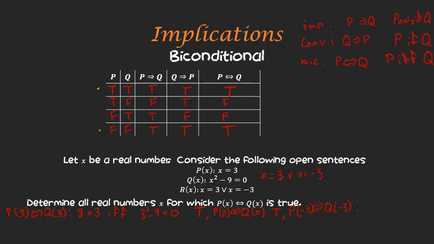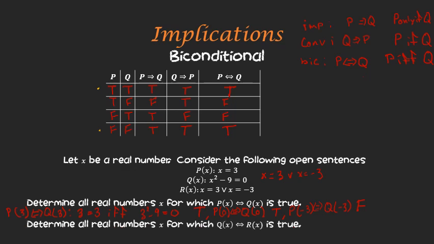So in that case, they don't share the same truth value, and so this would be false. Turns out that for all other values of x, this biconditional is true, that negative 3 is really the only thing that breaks it. In all other cases, P and Q are going to share the same truth value.